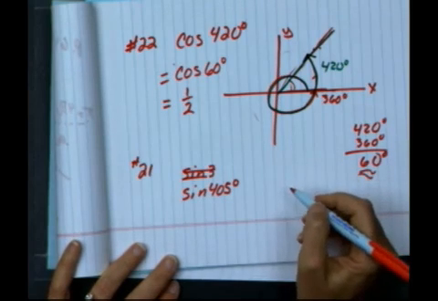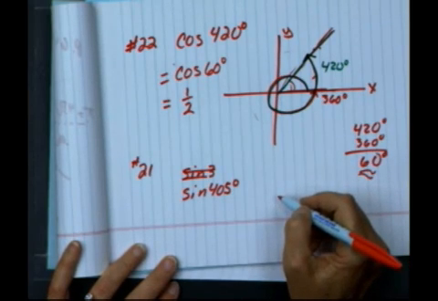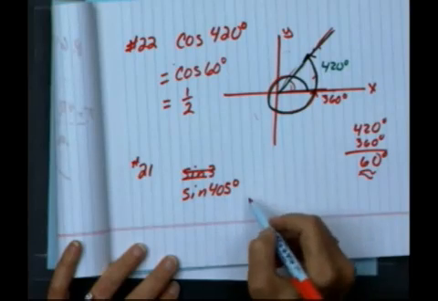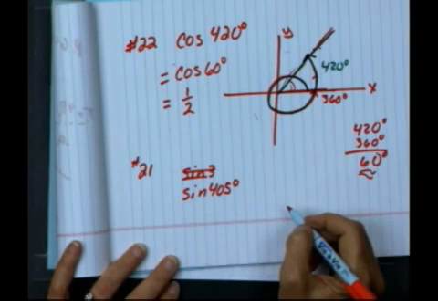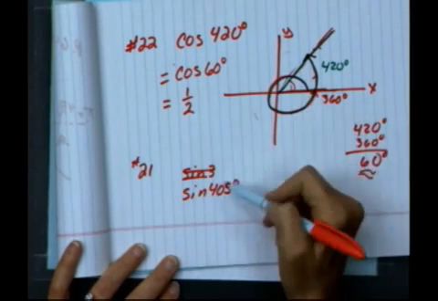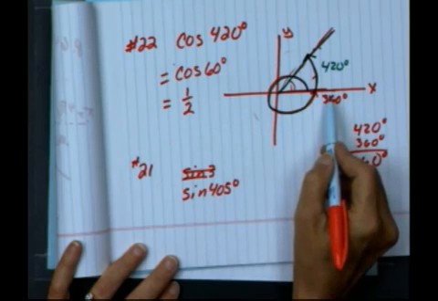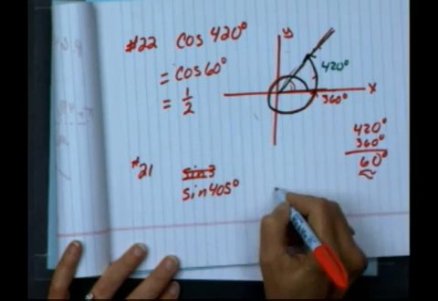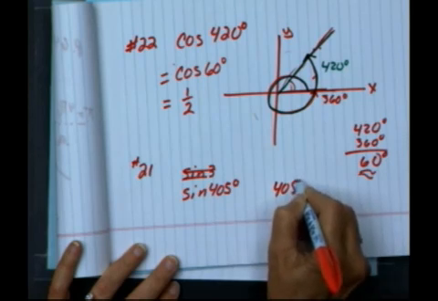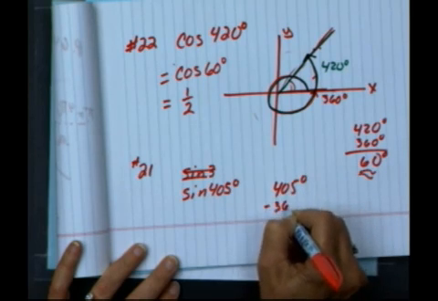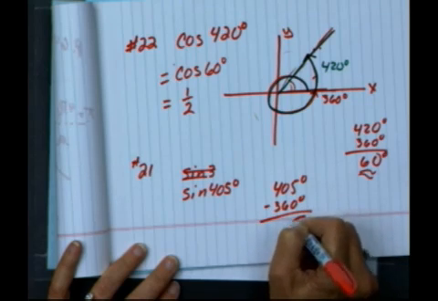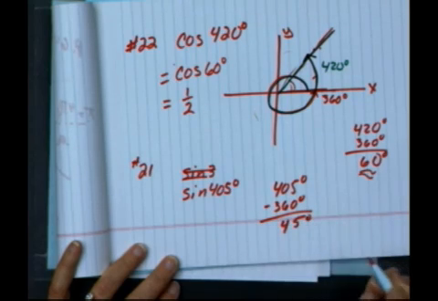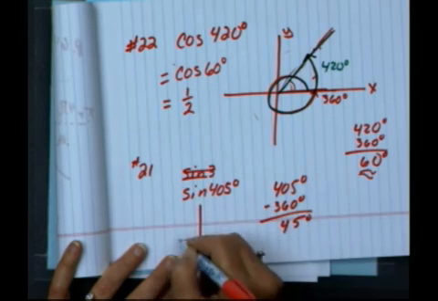Isn't there a way to just subtract something without having to actually draw it out? Okay. What would you like that something to be? Subtract maybe 360. 360. Whenever this angle is bigger than 360 degrees, that's a very good place to start. So start at 405 degrees, subtract 360 degrees, and you are at 45 degrees.